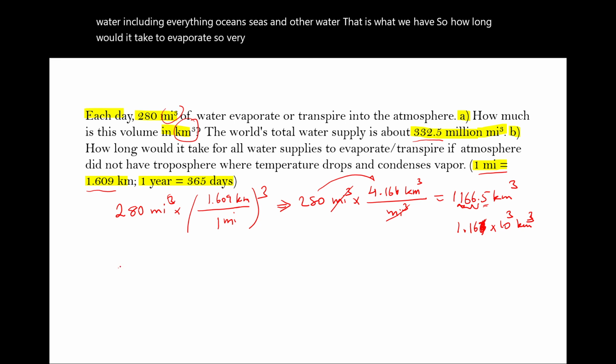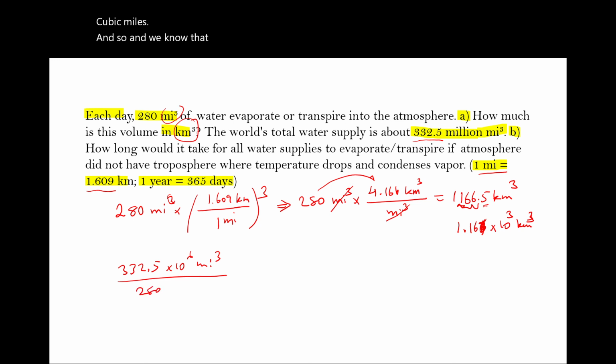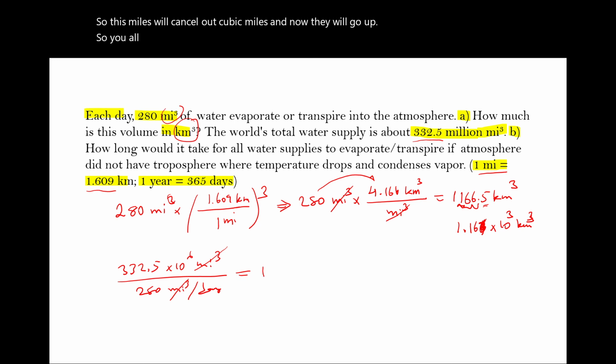We have 332.5 times 10 to the 6 cubic miles, and we know that 280 cubic miles per day. So these cubic miles will cancel out, and now day will go up. So you will have 1,187,500 days.